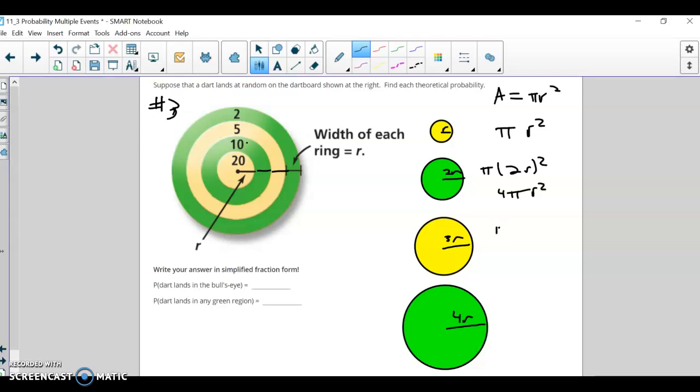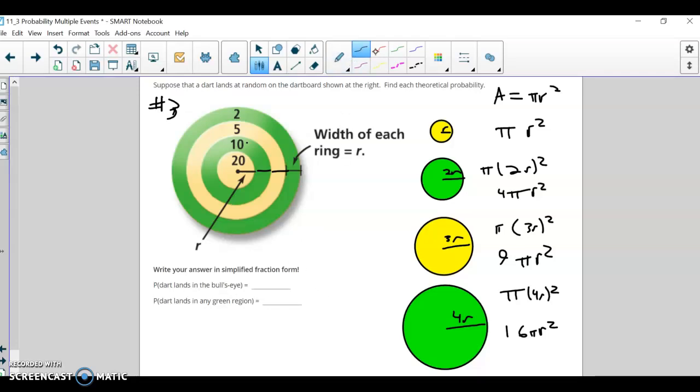So similarly here, this one's going to be pi times the radius, which is 3 times r, squared. So that'll be 3 squared, 9 pi radius squared. All right. And then the last one would be pi times 4r squared. So 4 squared is 16. So you have 16 pi radius squared for the area.